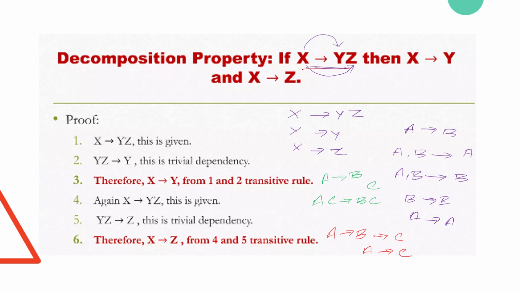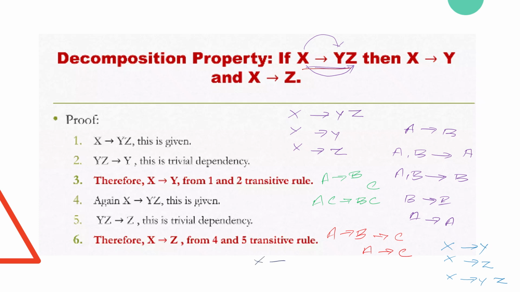And next is union. So what is union? If X determines Y and X determines Z, I can simply say X determines Y and Z. So this is union property. So what is decomposition property?